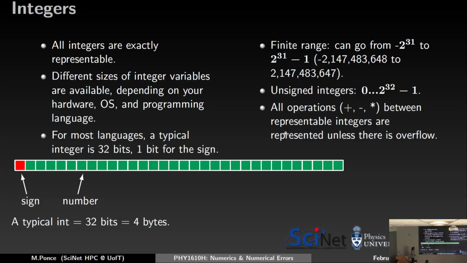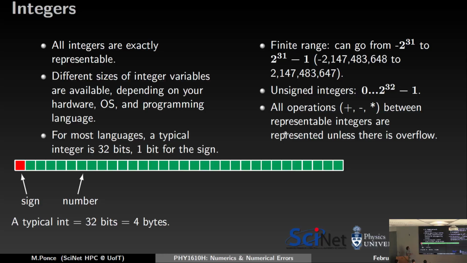Okay. So in general, for integers, the good news, and this is one of the take-home messages today, is that integers are precisely representable. Because they are discrete, and I can increase by 1 unit, I can represent them exactly in the computer.